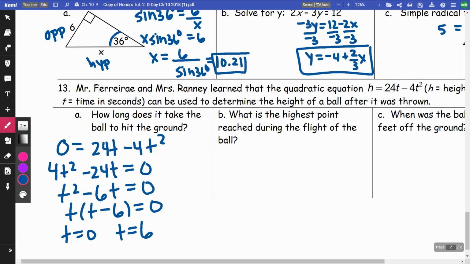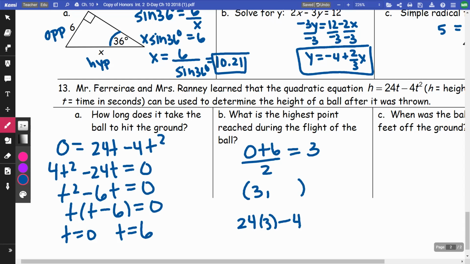On B, what's the highest point that is reached after the flight of the ball has started? So I'm going to take my x-intercepts, average them. So I get 3. That's the x-coordinate of my vertex. I'm going to put that into the equation. So 24 times 3 minus 4 times 3 squared.